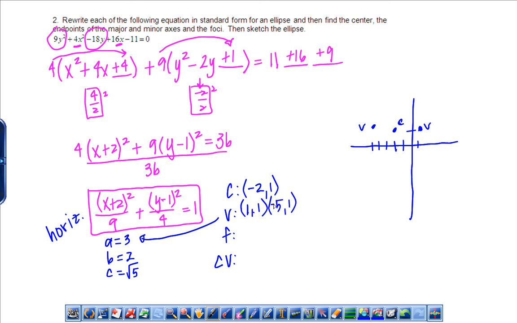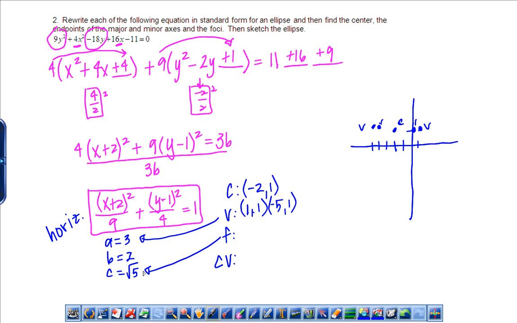Or how about -5, 1? Your focus is going to be, not there, focus is going to be root 5. And again, that's about 2. So if I go over about 2, this is 1, 2, and a little bit more. It's about on this line or a little bit more. And then 1, 2, and a little bit more.